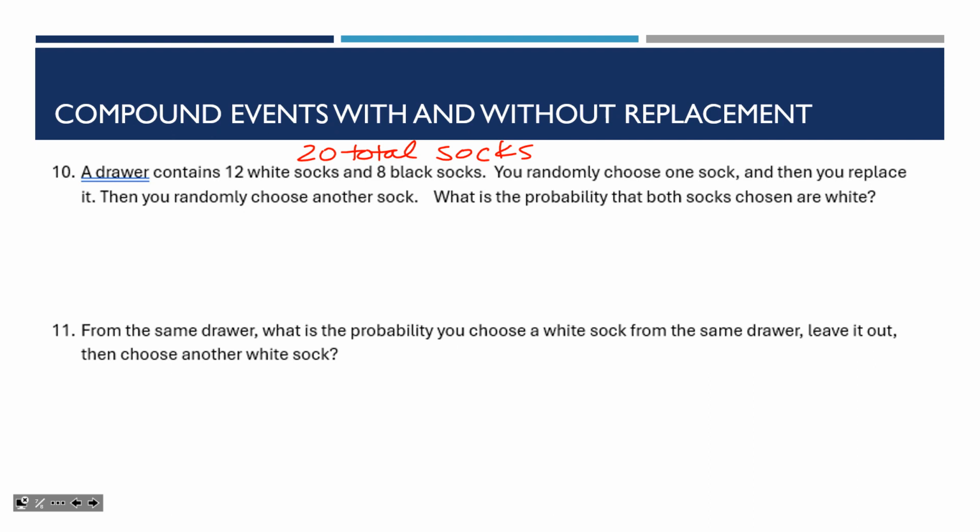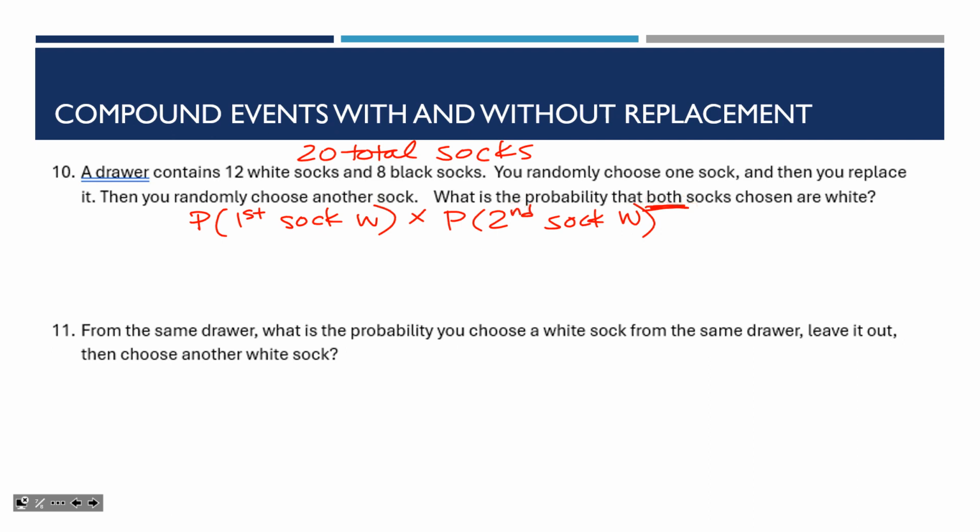And then you randomly choose another sock. So this is like I'm doing two things, right? What's the probability that both socks are white? So kind of like what we said before, this is a compound event. I want the probability that the first sock is white, and then I want the probability that the second sock is white.